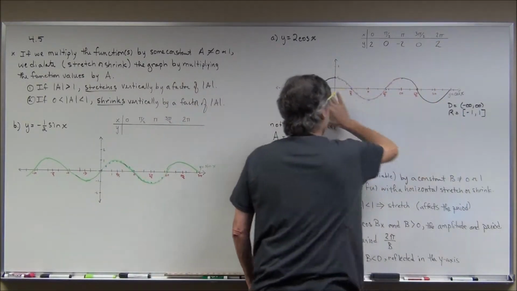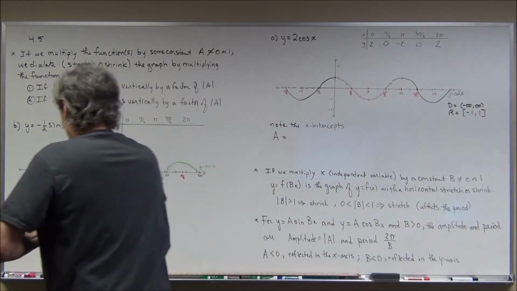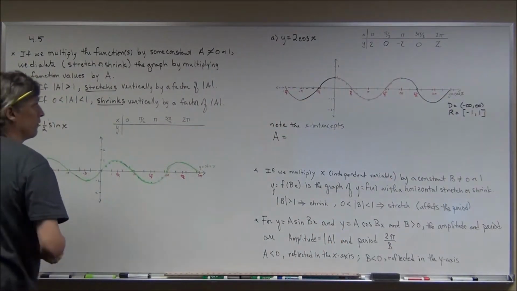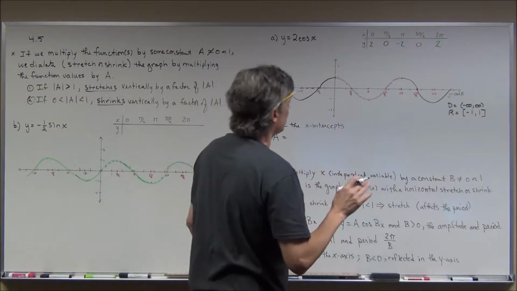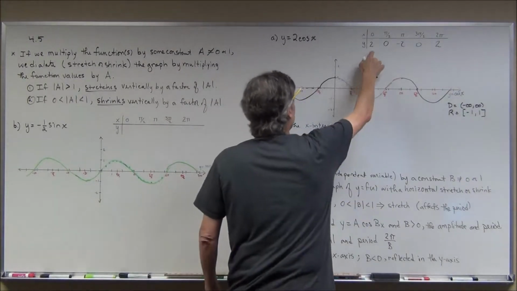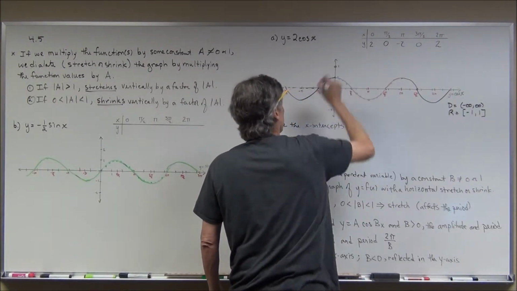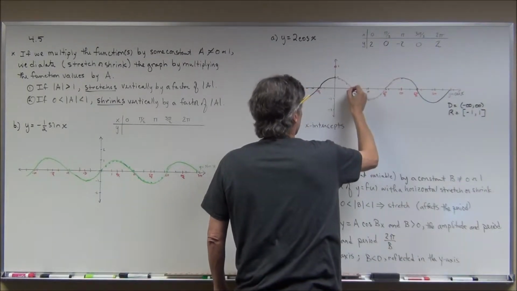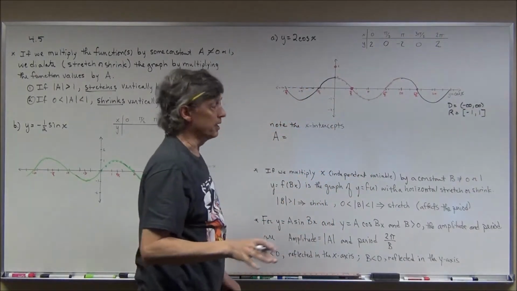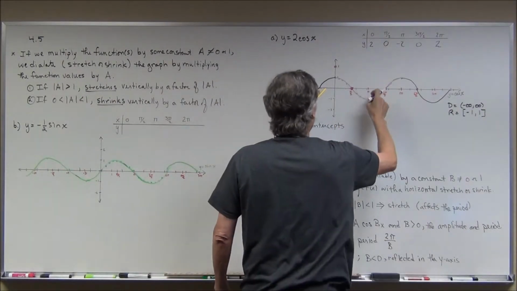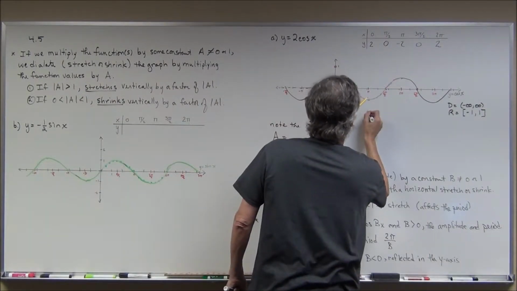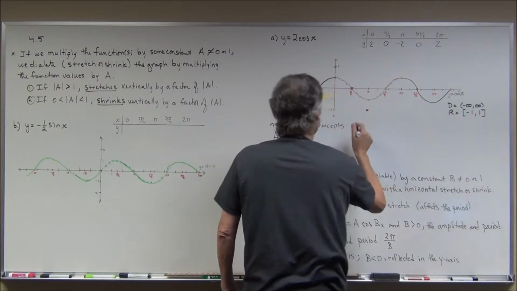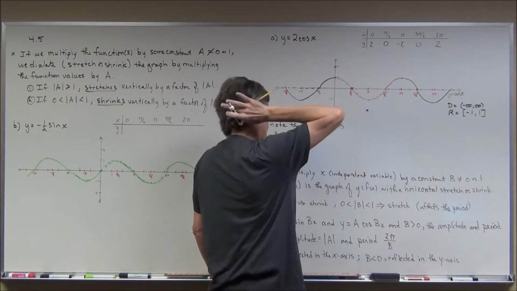Now, to get this graph so that you can see the difference here, I'm going to graph those 5 points to get myself started. I'm going to graph 0, 2, which is right here. Use a different color. I'm going to graph pi over 2, 0, which is right here, as I mentioned before. The x-intercepts stay the same. If I plug in pi here, I got -2. So it's affecting, as you can see, the highs and the lows, the amplitude.